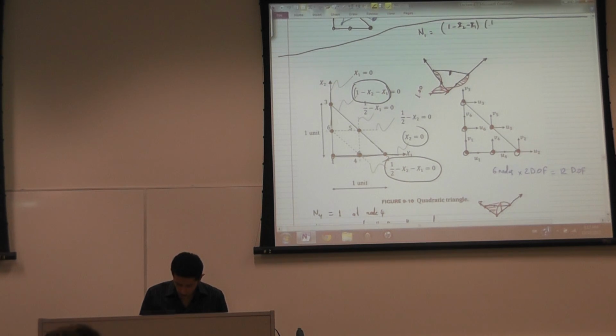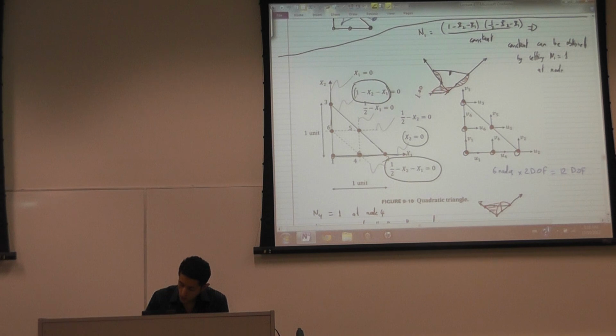multiplied by half minus x2 minus x1, divided by a constant, and this constant can be obtained by setting n1 equal to 1 at node 1.